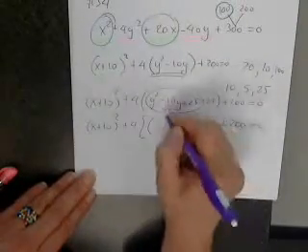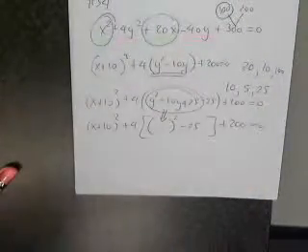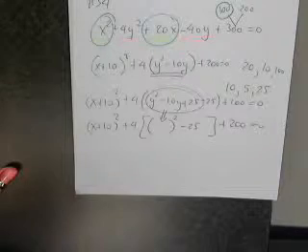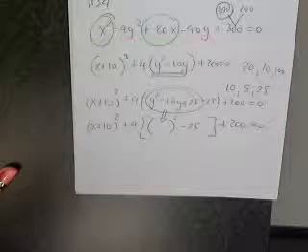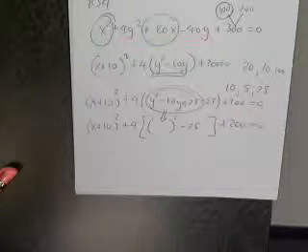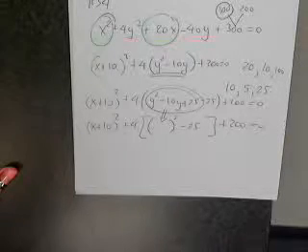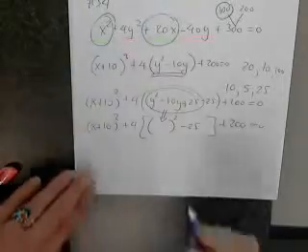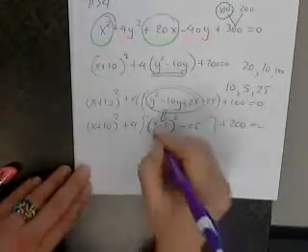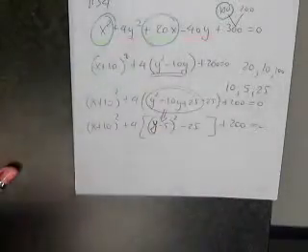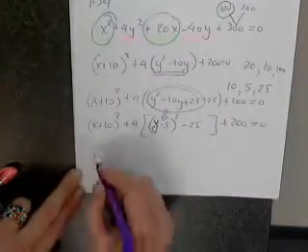Now, these three have to be here. And what will that be? (x plus 10) squared. And (y minus 5) squared, right? Thank you. Good. What do I do next?